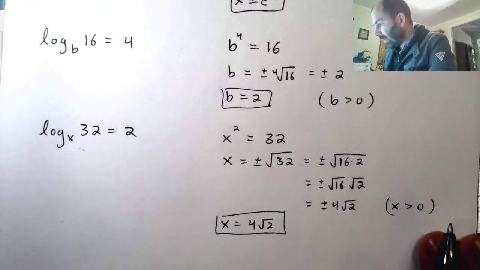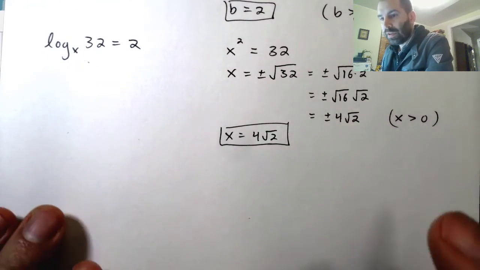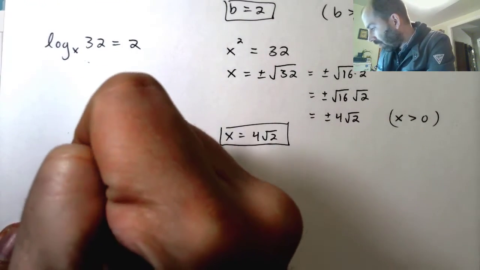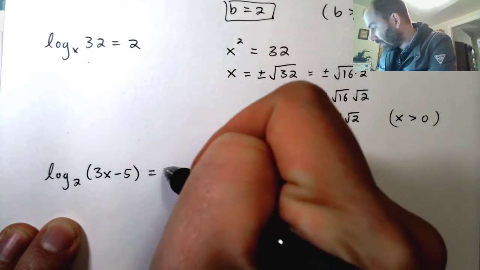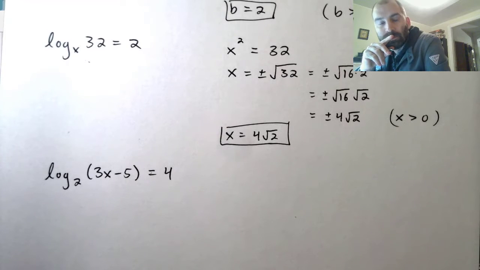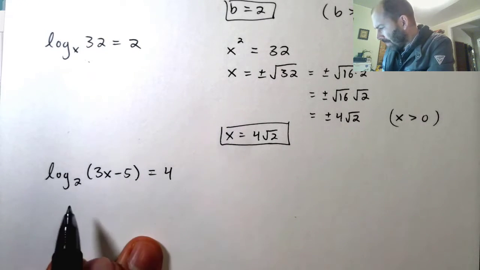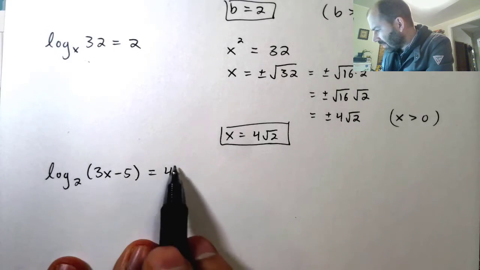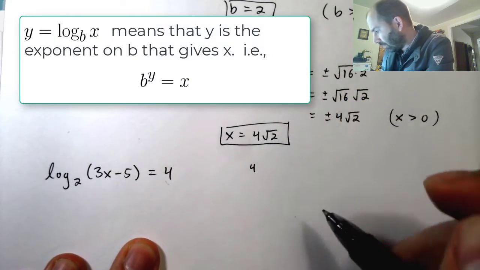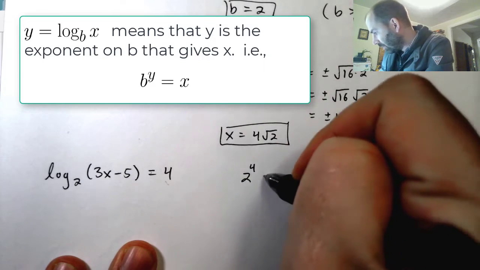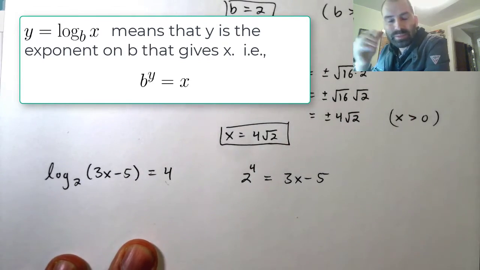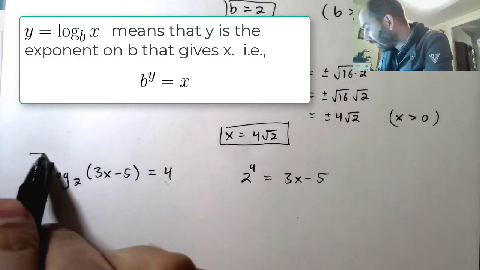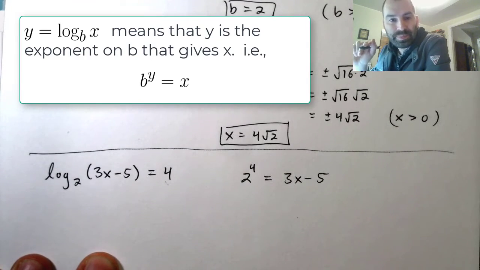Okay, let's try a couple more. Let's try log base 2 of 3x minus 5 equals 4. Well, remember that 4 is the exponent on 2 that gives this, just going back to how we define logarithms.